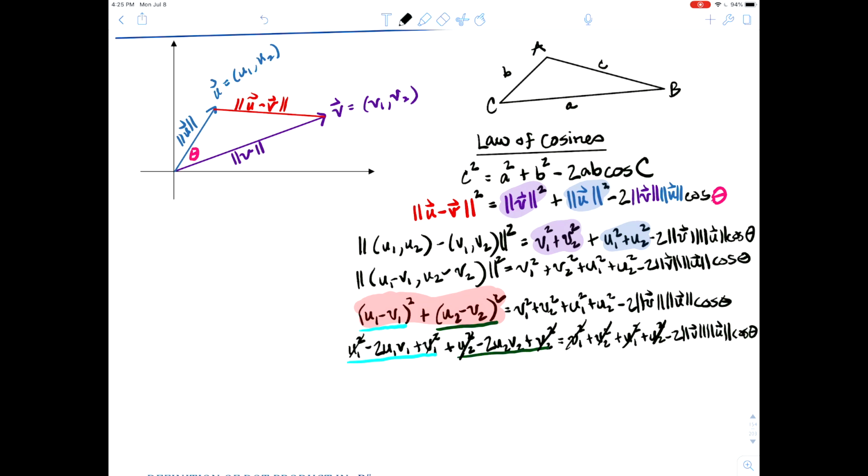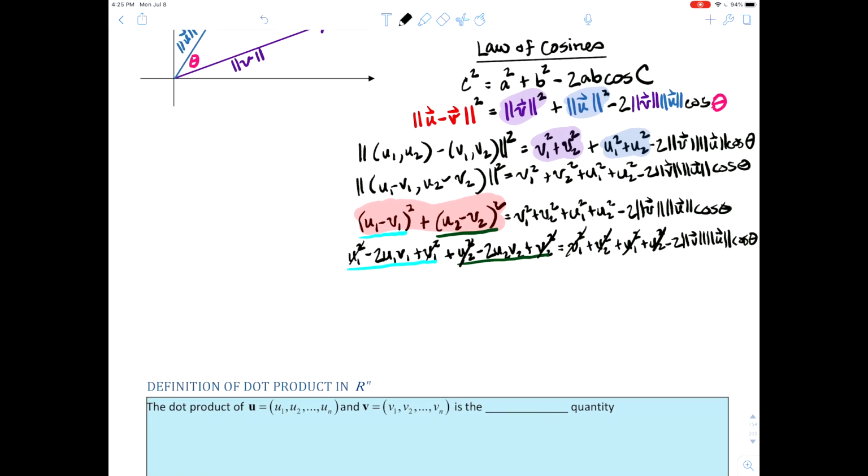So what we end up with here is negative 2 times quantity u1 v1 plus u2 v2. I just factored out a negative 2. And that is equal to negative 2 times the magnitude of v times the magnitude of u cosine theta. So the 2's divide out.